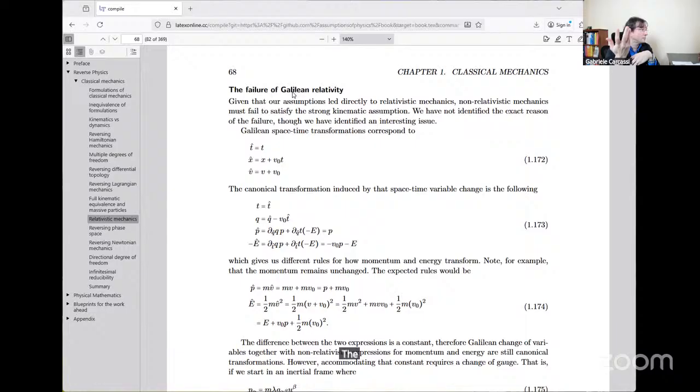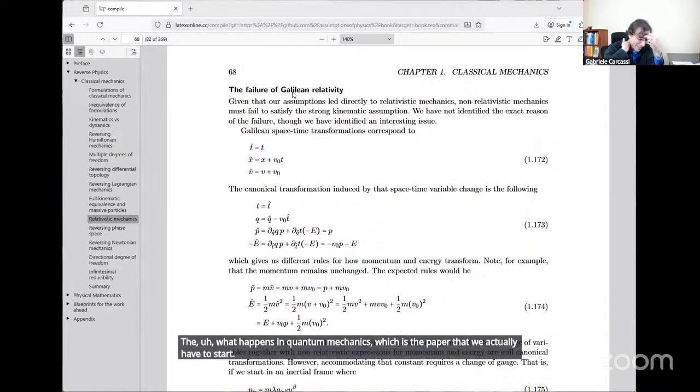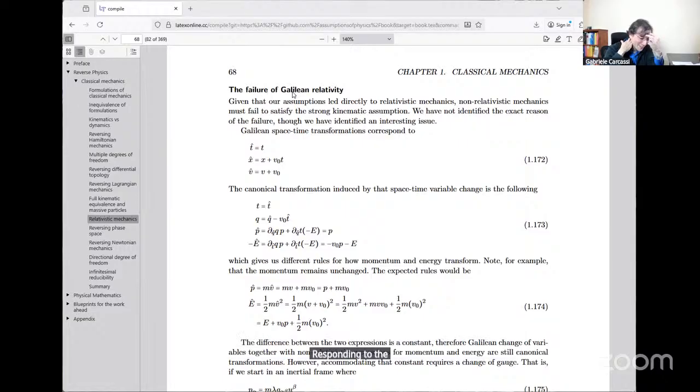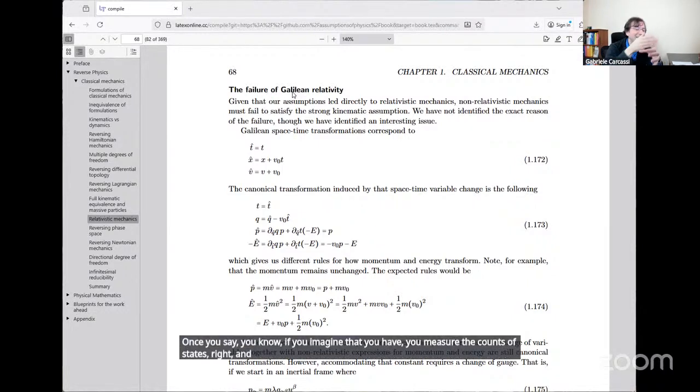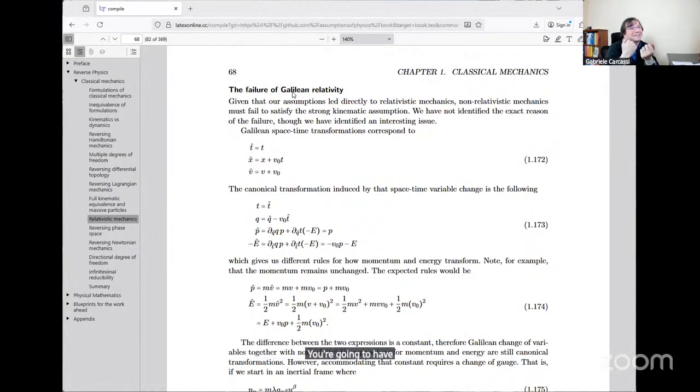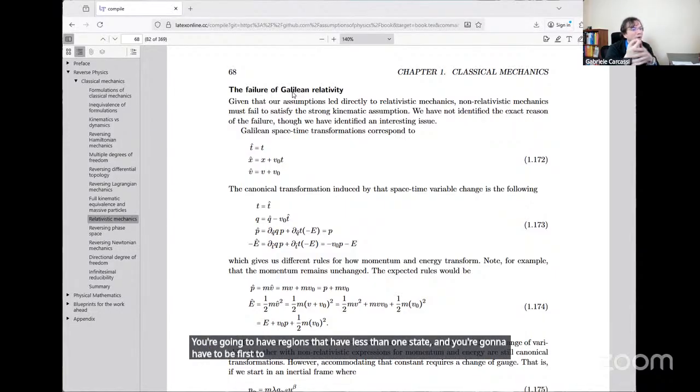What happens in quantum mechanics, which is the paper where I actually have to start responding to the comments from the referees, I'm so behind, is this. If you imagine that you measure the counts of states and keep dividing, at some point you will have regions that have less than one state, and you're forced to say that a single point, which is a single state, has no states because it has measure zero.